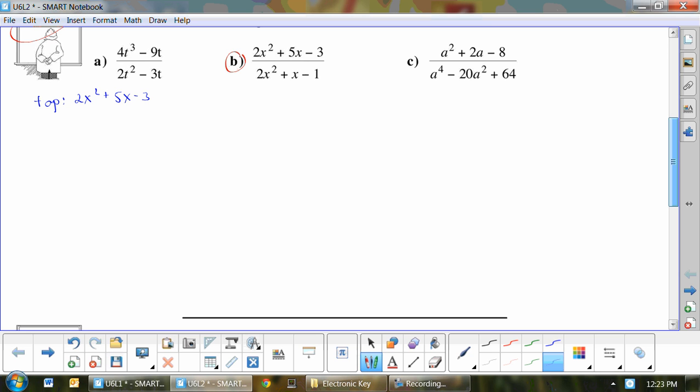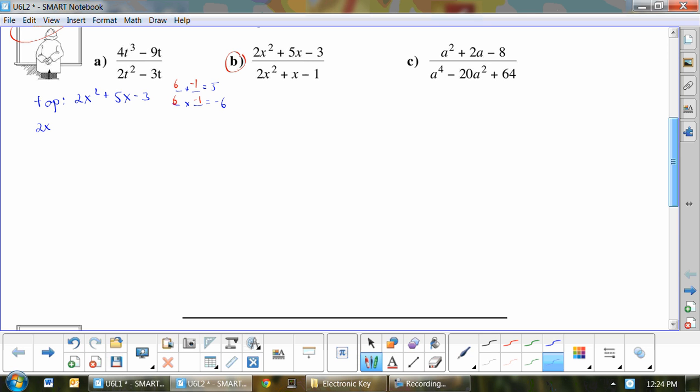This is a type 2 factoring, right? So we'll go what plus what is equal to 5, and what times what is equal to negative 6. If someone can put up their hand and let me know. Jackson. Yeah. So 6 and negative 1. Perfect.